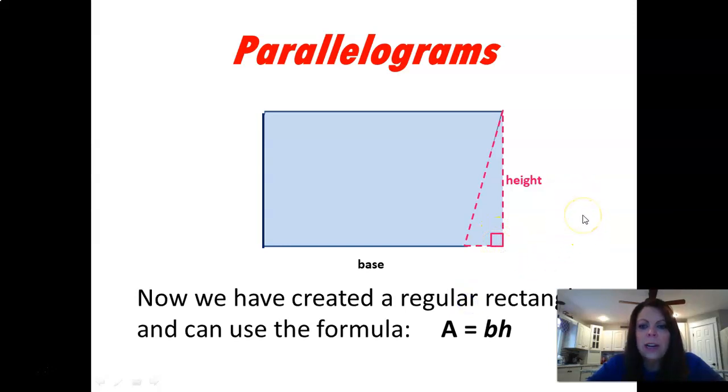So now we've created this regular rectangle, and we can use the formula area equals length times width or base times height. Just so you know, more often than not, I'm going to say base times height. I'm not going to say length times width because I know a lot of you don't know cursive. Base times height is the exact same thing as length times width.